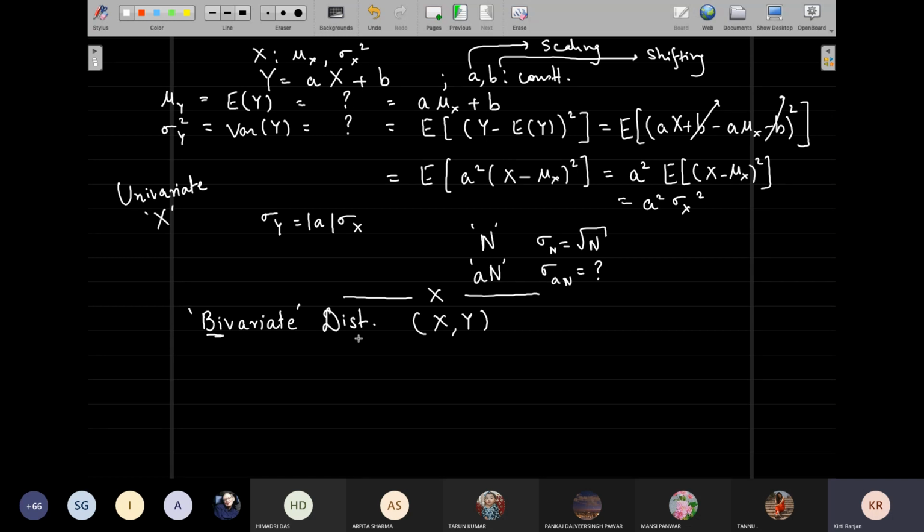We will have to define our PDF or the PMF. I am going to write mostly about the PDF, but wherever required, you please convert it into PMFs by replacing the integration sign by the summation sign. Okay. So in the case of bivariate distribution, we talk about Pxy.